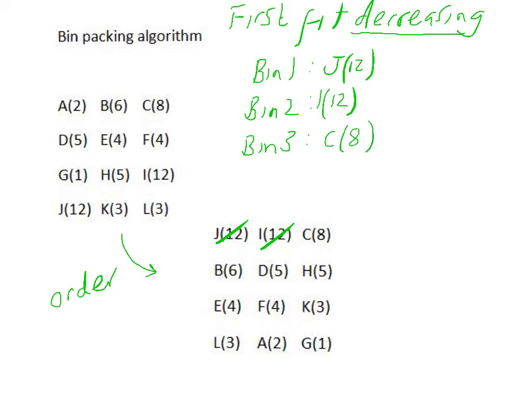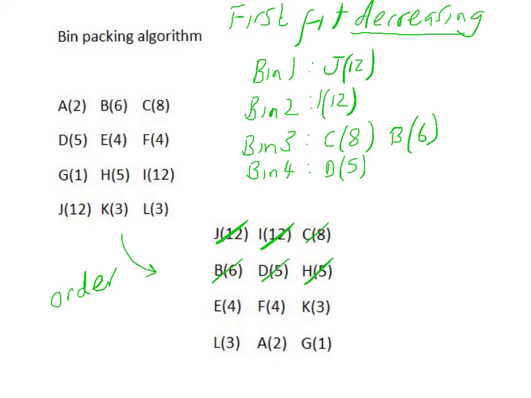Now that we've got down to B, we can fit B into bin 3. There's enough space in there, so B can go in there because that only takes it up to 14. Okay, D is going to have to start a new bin because it can't fit into any of our previous bins.